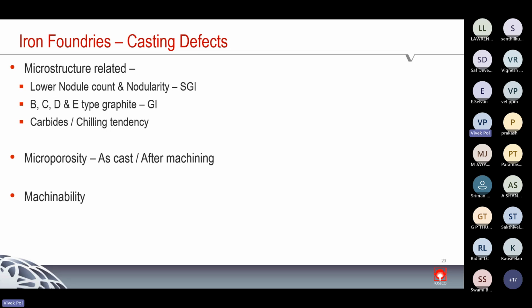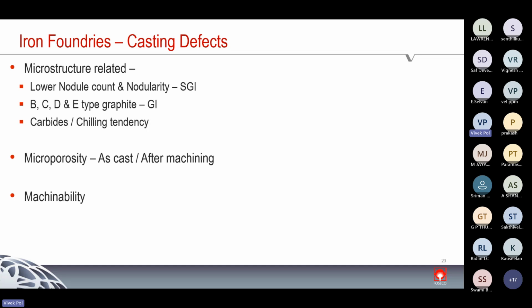In the case of gray iron, not getting predominantly A-type graphite is the challenge, and we are getting D, E, sometimes B. Then carbides also, whether in gray or ductile iron, getting carbides in casting is one of the defects.